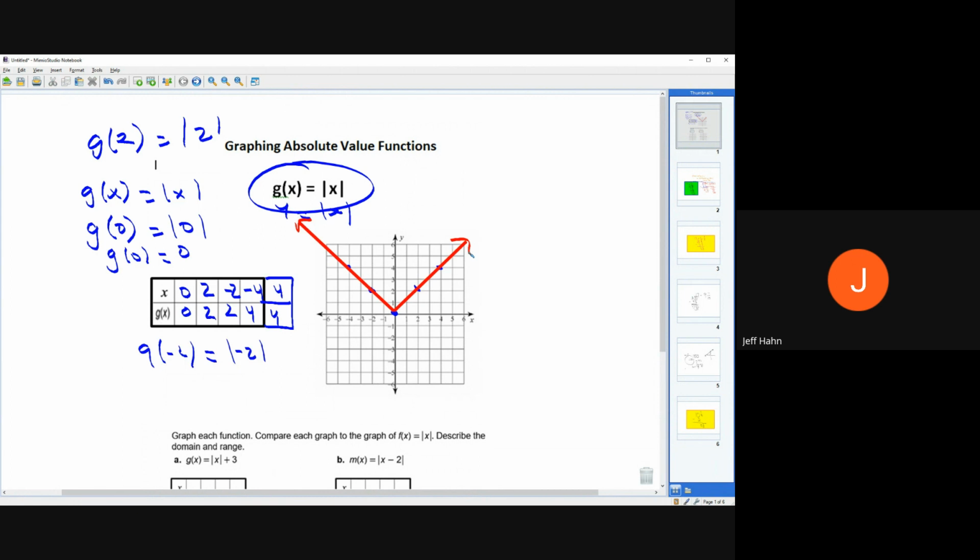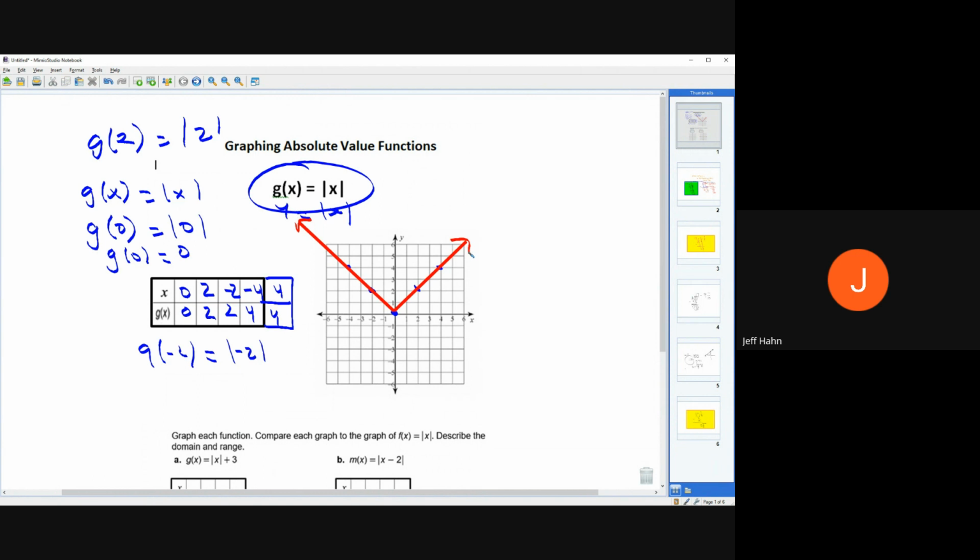Focus with me for just a second. Anytime, Carter Reichert, you see the absolute value in a function, you will get a V shape.